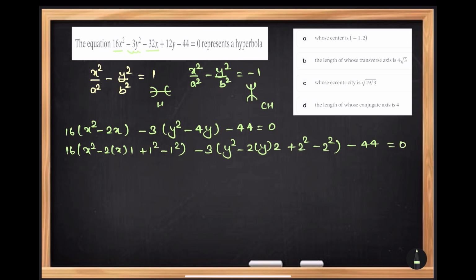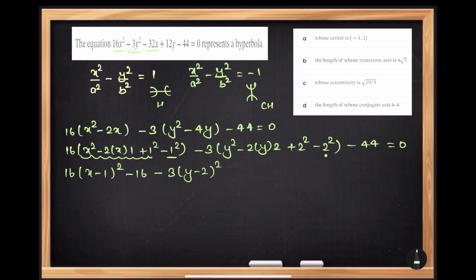Now look at this. Can I write 16 times (x minus 1) whole square? Now this is minus 1, so I go with minus of 16 multiplied by 1. With the same approach, 3 times (y minus 2) whole square.